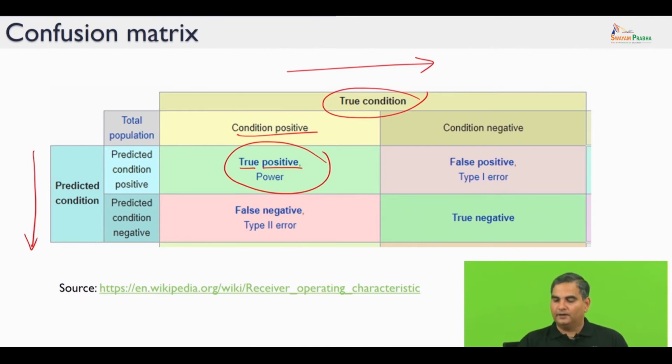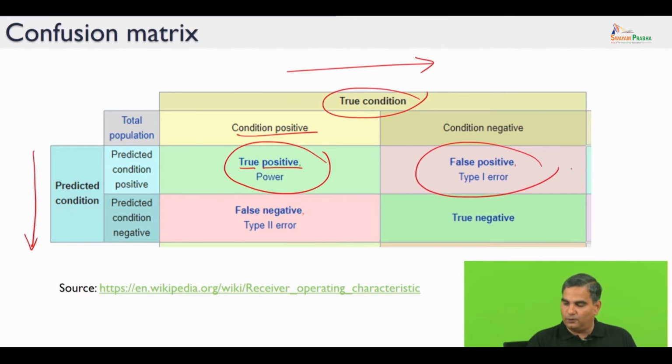Now if we come to this here, since we are on the same row, the prediction still remains positive. However, the first word says it is a false prediction of positive, so the true condition is actually negative. So this is a mistake of the classifier, and the other is a success of the classifier.